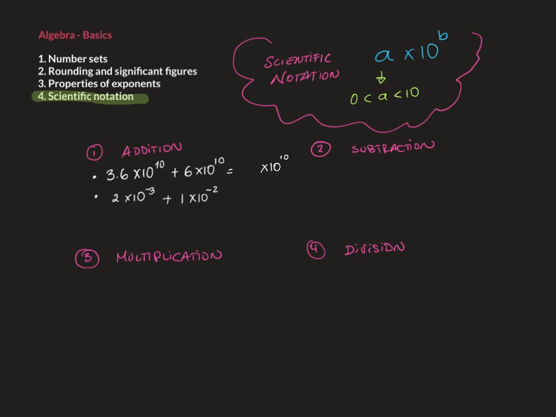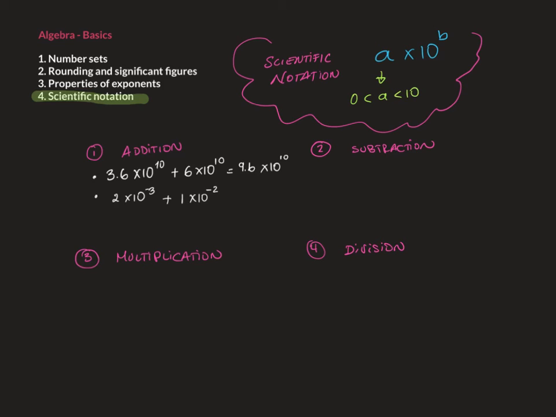So this would be times 10 to the power of 10, and then we just need to add 6 plus 3.6, so that's 9.6 times 10 to the power of 10. If the number ends up being larger than 10, remember that this number has to be less than 10. So we would move the decimal point one more space to the left, so this would increase to the power of 11.